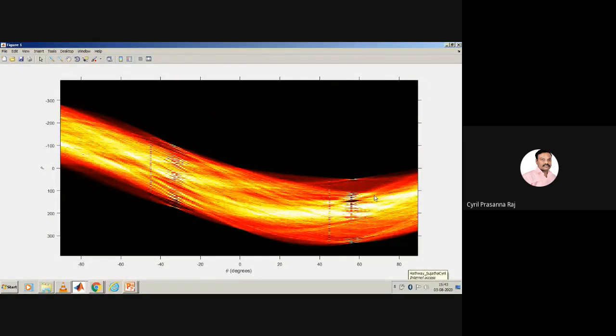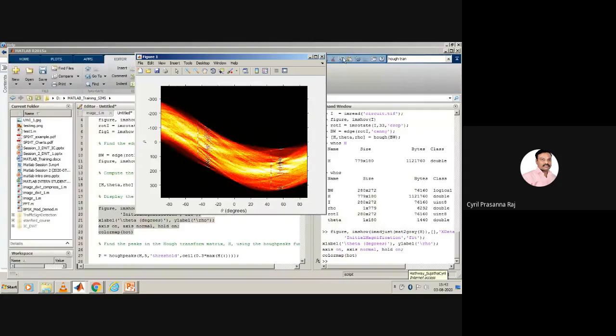Suppose you had only two straight lines, then you would get an output with only two corresponding intercepts. So this is the Hough transform output.